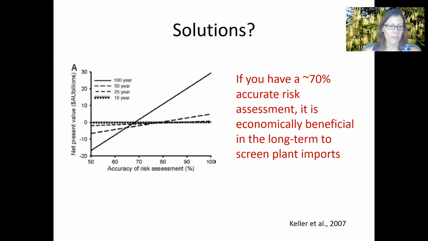Or if you wanted a 50-year time horizon, then to get a payoff, you need an 80% accurate risk assessment so that you're keeping out these things that would eventually come in and cause a bunch of both ecological consequences and economic harm to control them, or direct economic harm, like the loss of trees from an insect pest.